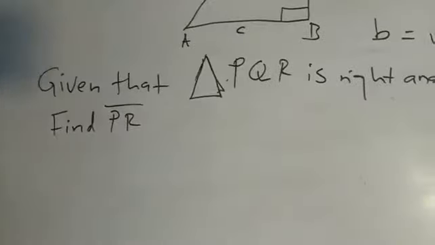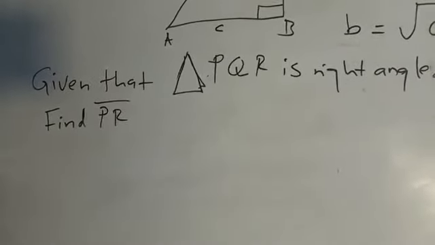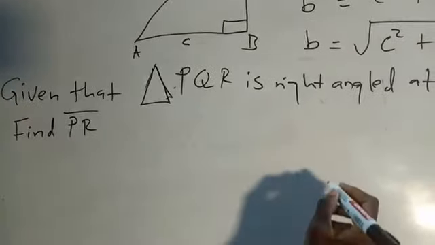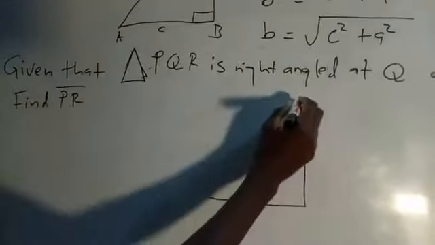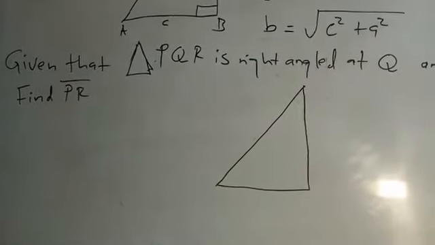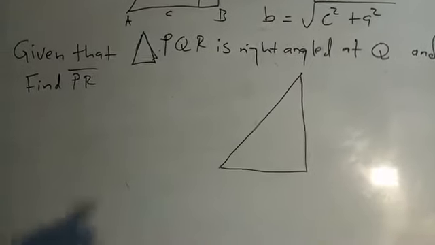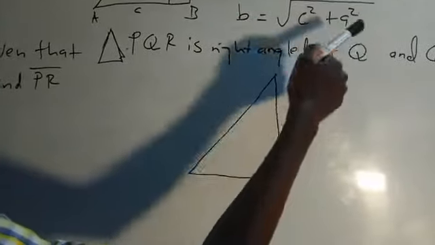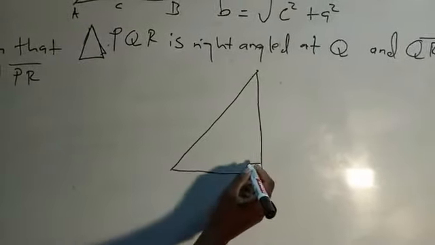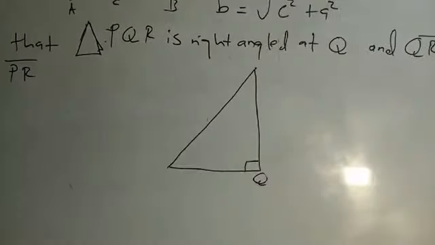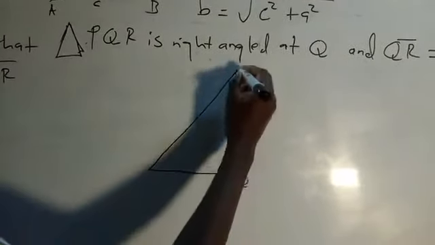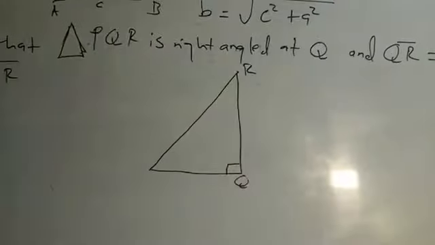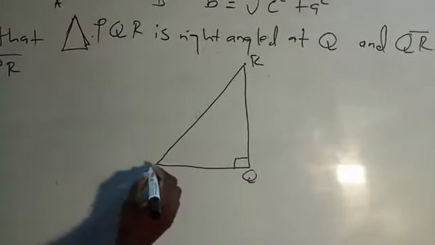So let's draw our right angled triangle, which looks like this. They say that it is right angled at Q, meaning Q is here, R becoming here, and P coming here.